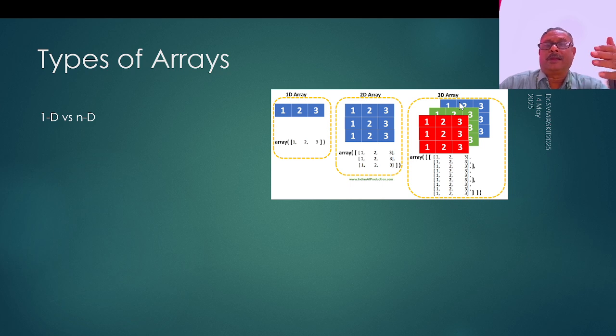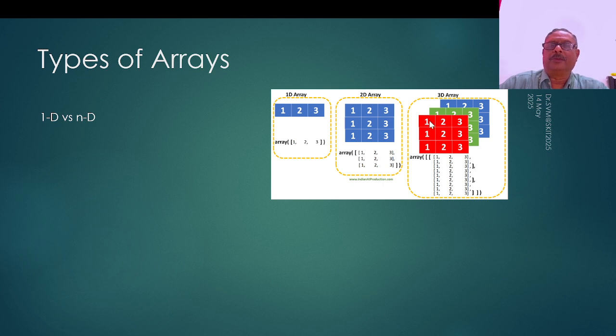The same thing we can extend to the 3D array, where we have 3 loops, one inside the other. The outermost loop will talk about each of these planes, so the red plane, the green plane, or the blue plane. Then once we are in any particular plane, each plane will be a 2D array.